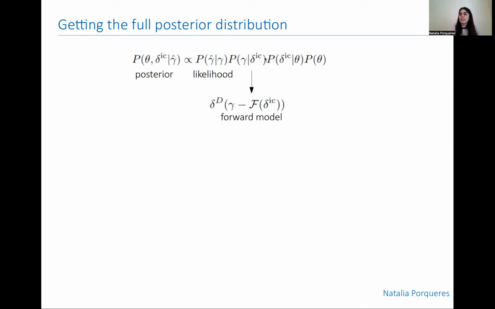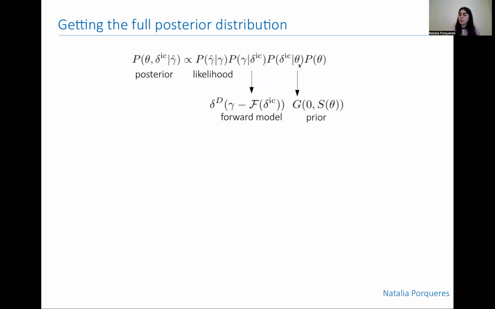And the forward model is mostly gravity and integrations along the line of sight. So the forward model is deterministic, and that means it's just a Dirac delta here. Then the next term here is the probability of the initial conditions given the cosmology.